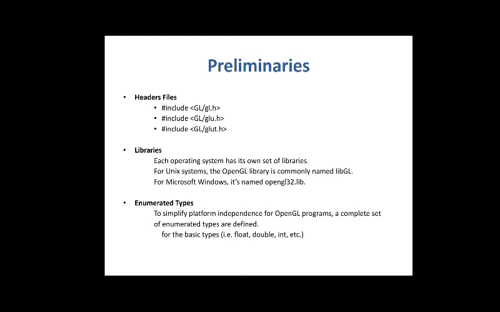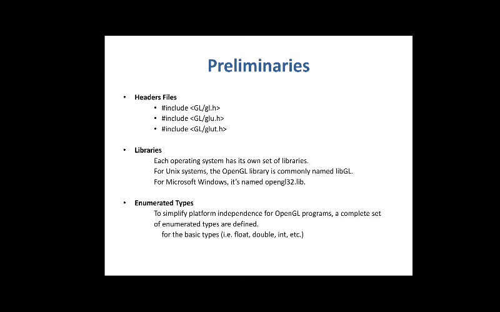Then the next are the libraries that we are using. Each library has its own set. Libraries are the operating system dependent implementation of OpenGL on the system where you are using it. So each operating system has its own set of libraries.